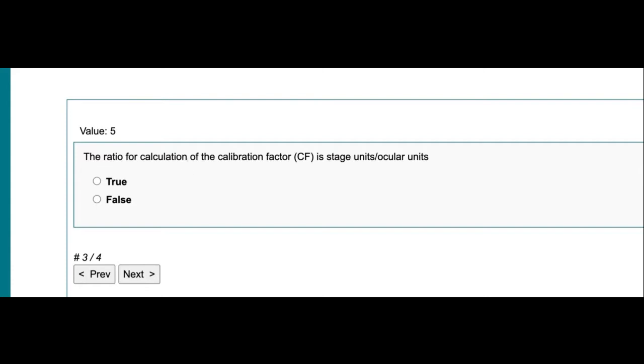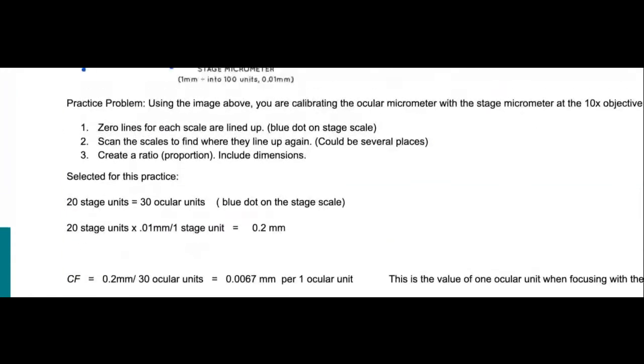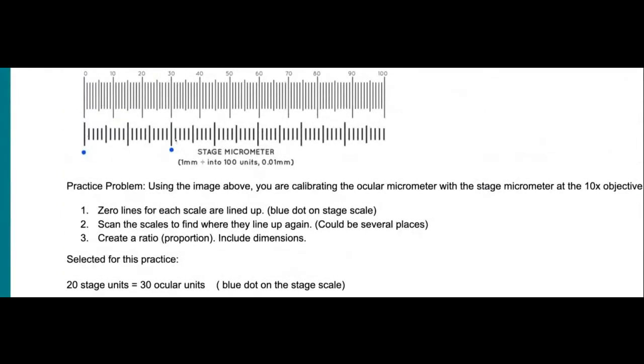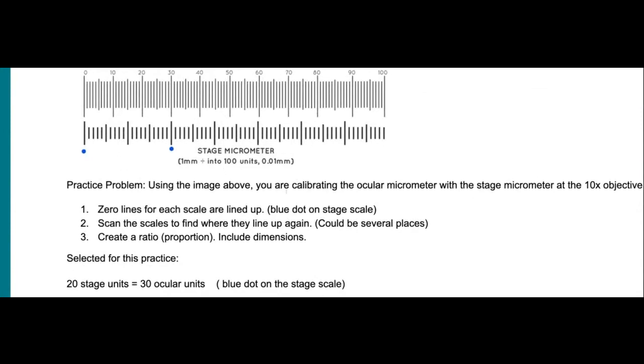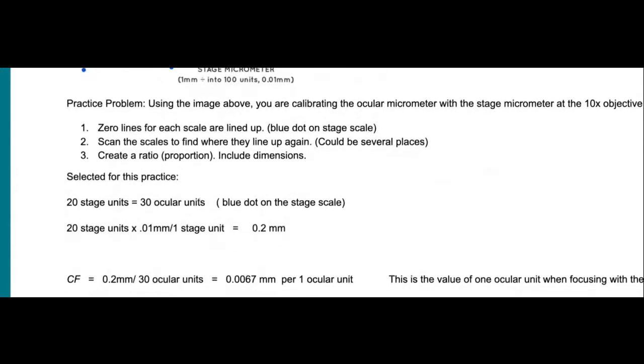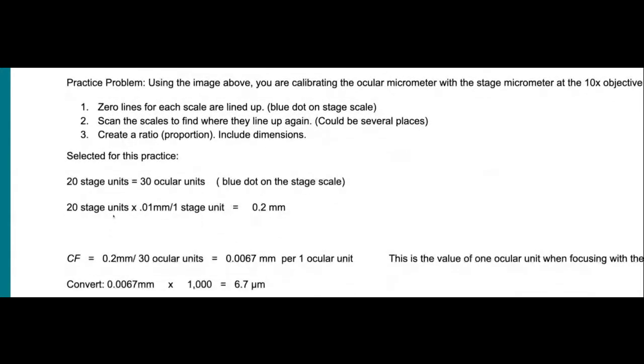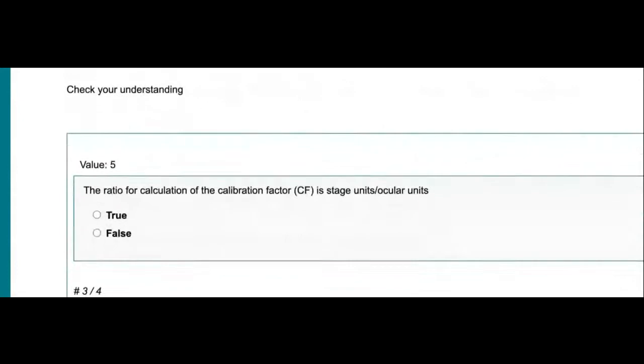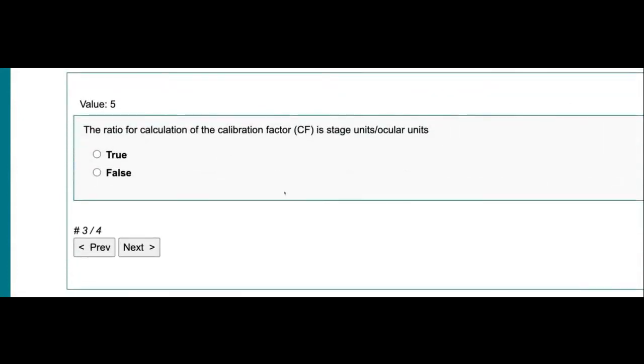All right, is the ratio for the calculation, the calibration factor, stage units divided by ocular units? No. So those stage units, in this example above here, we counted 20. We need to multiply that by that 0.01 to get that actual distance. So the answer would not be stage units divided by ocular units.